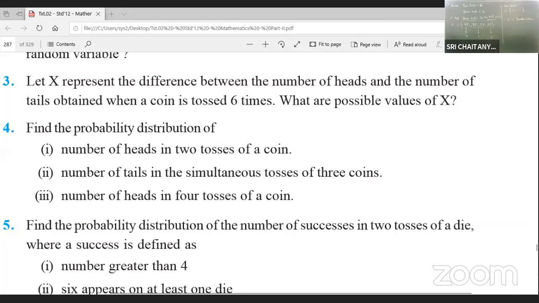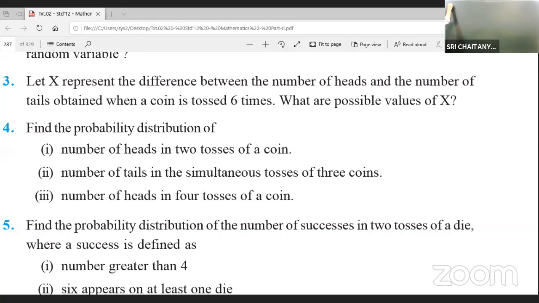Let X represent the difference between the number of heads and the number of tails obtained when a coin is tossed 6 times, right? Now, very easy problem. You try to understand. If a coin is tossed 6 times, observe.